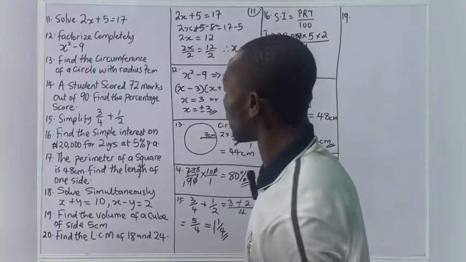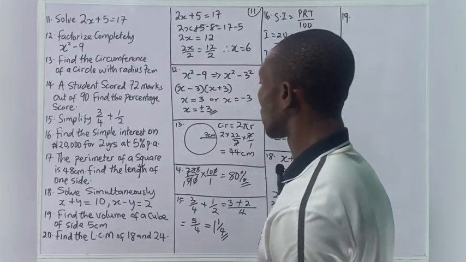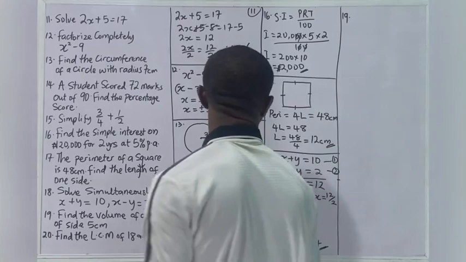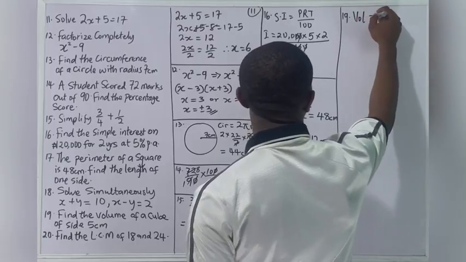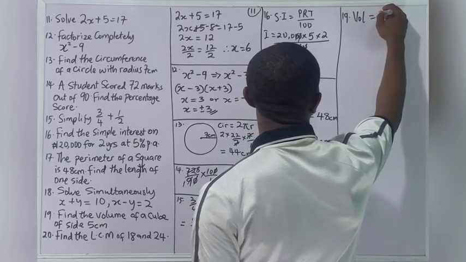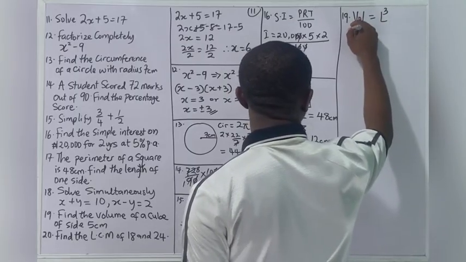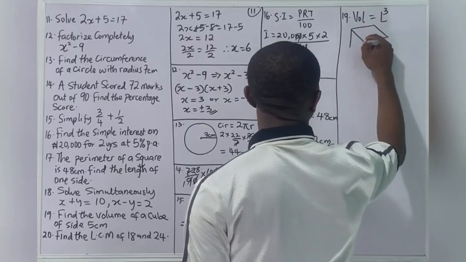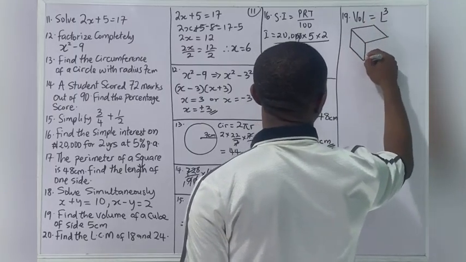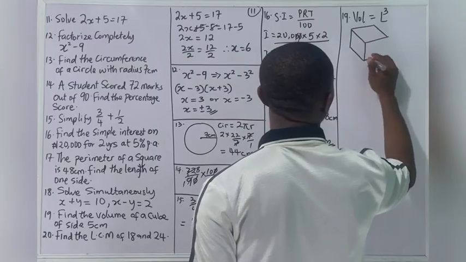Okay, now question 19 says, find the volume of a cube with sides 5 cm. Volume equals L cube. Since we are talking of a cube, remember a cube is a 3-dimensional square. So all its sides are also what? Equal.